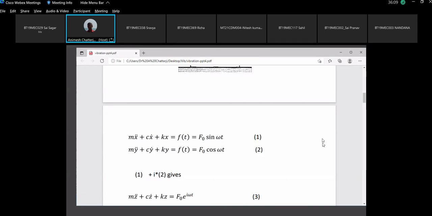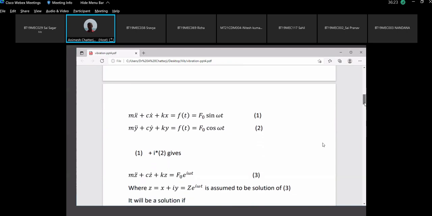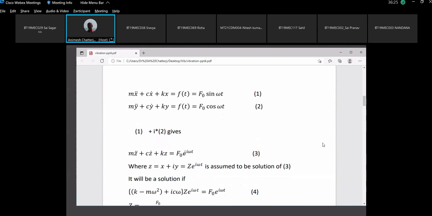Now what I'm doing here is combining these two. I'm creating Z as x plus iy, so that capital Z is e to the power I omega t, and my force is a complex force. If I can solve for capital Z, then I can obtain x, because x is the imaginary part.